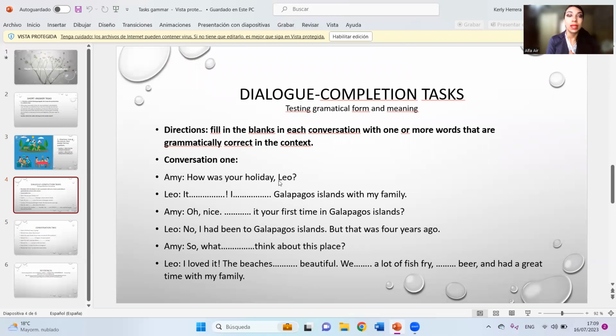Slide 3. The next grammar assessment task is the dialogue completion task.